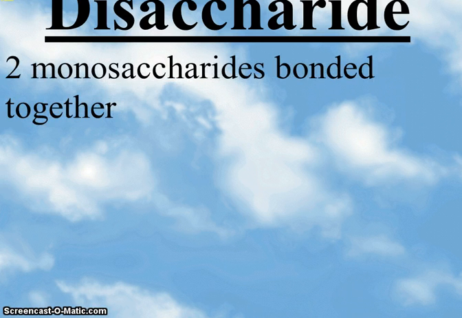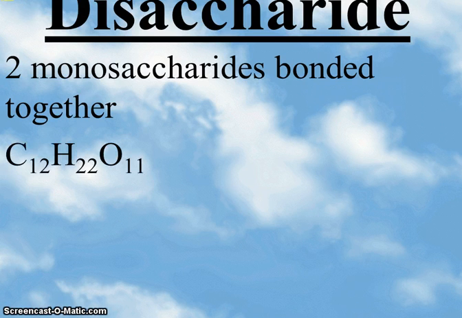So a disaccharide is 2 monosaccharides that are bonded together. The general formula we're going to see is C12H22O11. And again, since we're looking at a carbohydrate, the ratio of hydrogen to oxygen is 2:1.